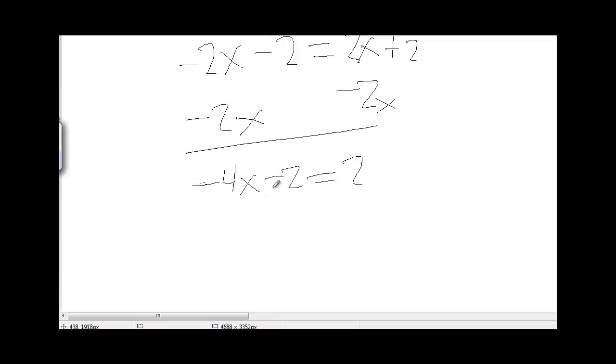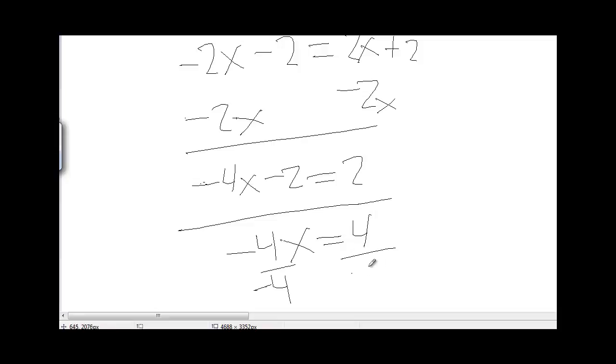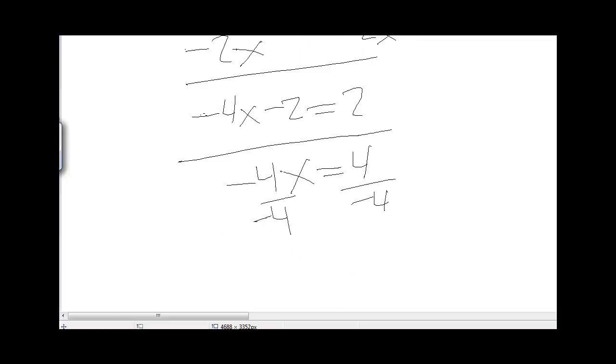Okay. And now to get rid of this negative 2, I'm going to add 2 to both sides. So I'll be left with negative 4x is equal to 4. And now, dividing both sides by negative 4, I'm left with, well, these go away, so I'm left with positive x.